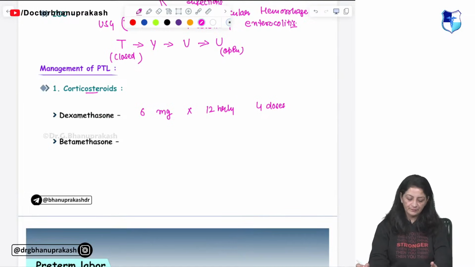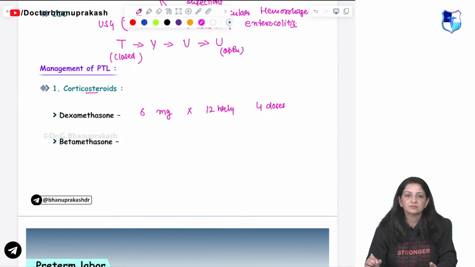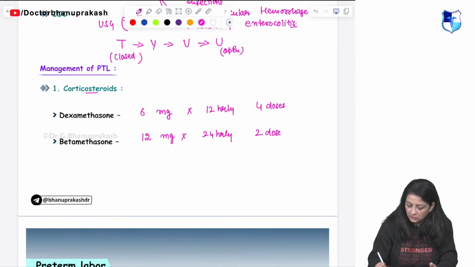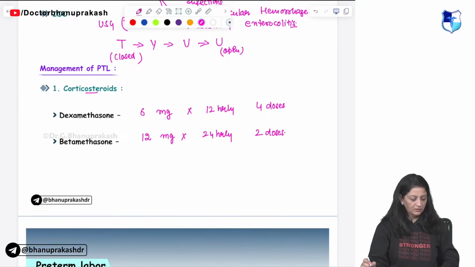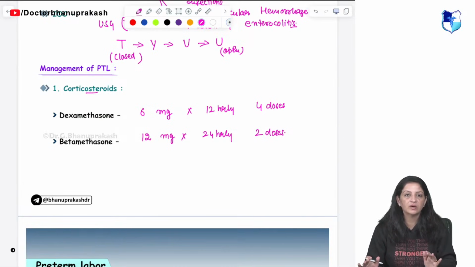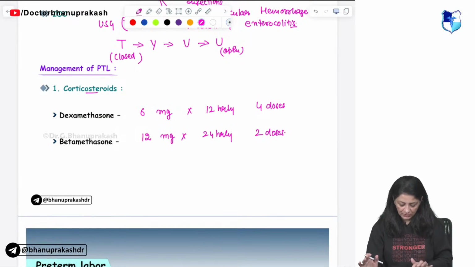So we can give dexamethasone and betamethasone. Betamethasone 12 milligrams 24 hourly, 2 doses. So this is the management with corticosteroids for lung maturity.